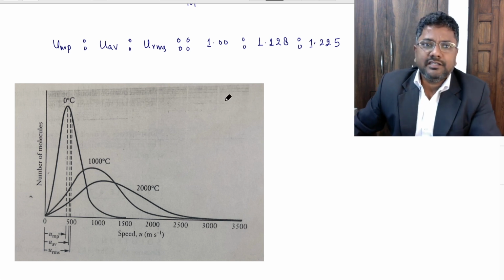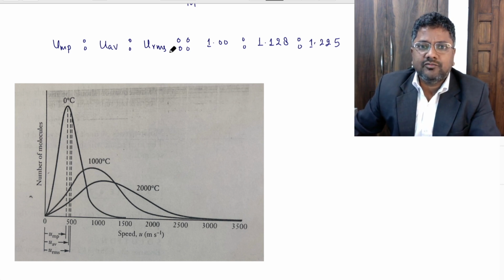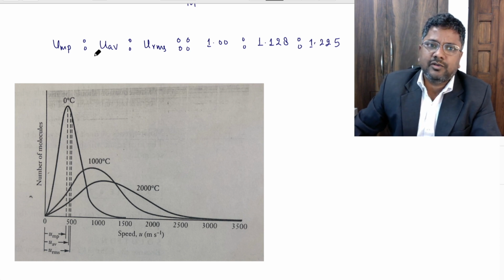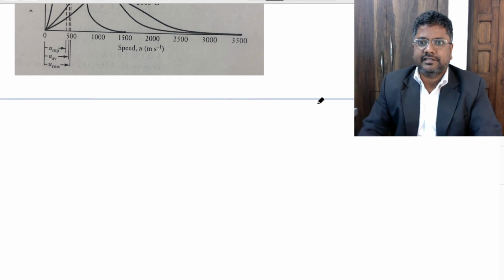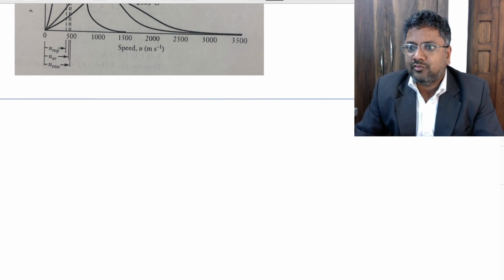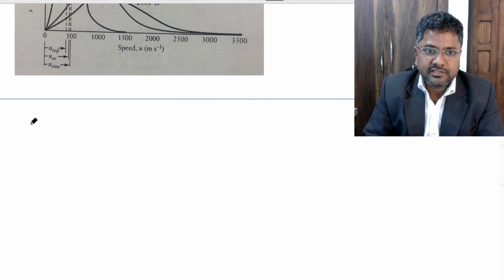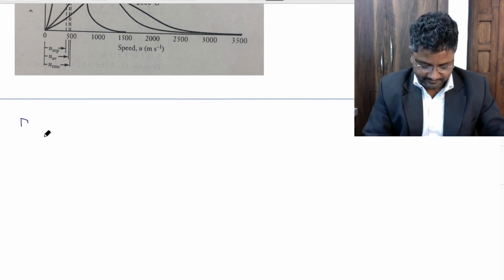So we have three different types of speed, which we have calculated using different experiments. Average speed, all of you know, and root mean square speed, that also all of you know. What is the most probable speed?